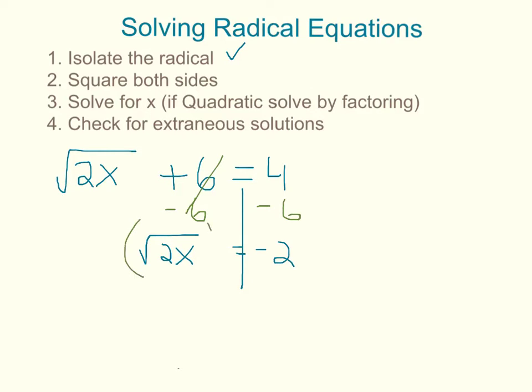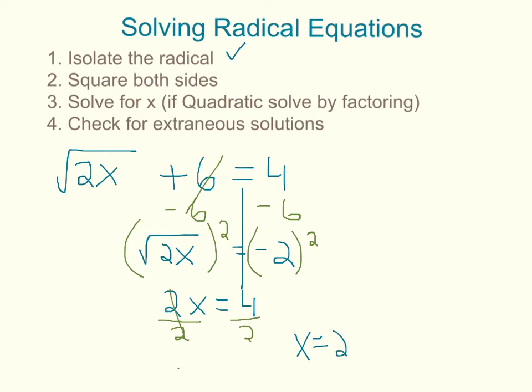Now, we need to square both sides. And when you square the radical, it cancels out, leaves you with 2x equals negative 2 squared, which is 4. And then divide everything by 2. So x equals 2. Now let's check for extraneous solutions.